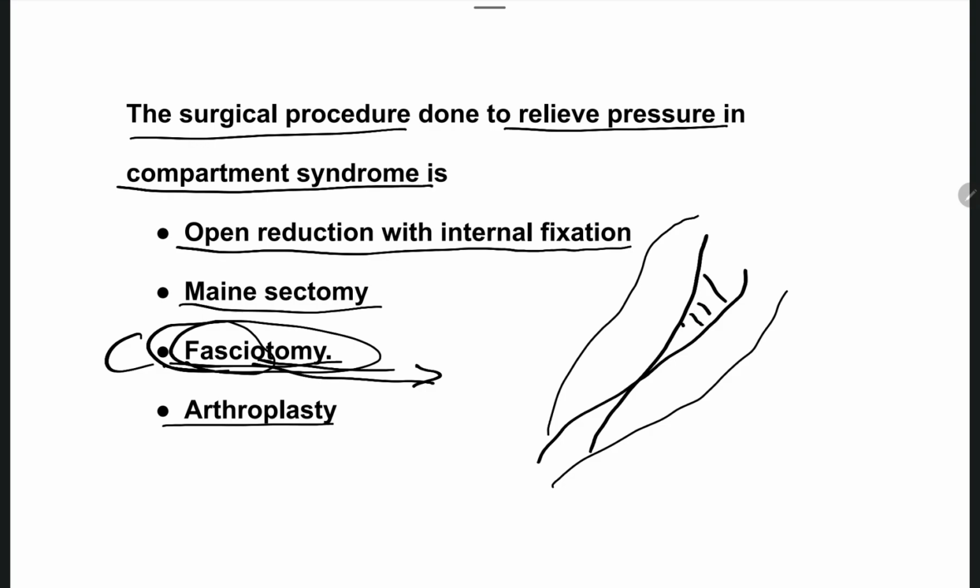So in this procedure the fascia is cut to relieve the pressure in the muscle compartment. So we will remove the pressure by cutting the fascia. It is mainly for acute and chronic compartment syndrome. So in this condition we can go for fasciotomy.